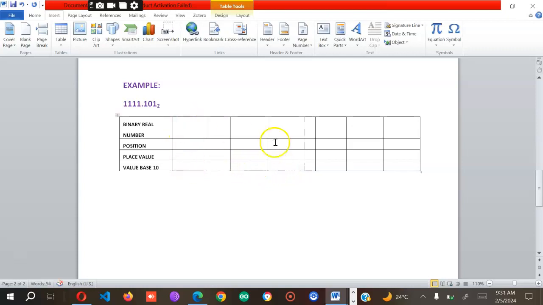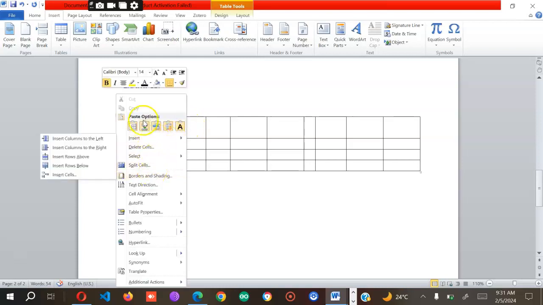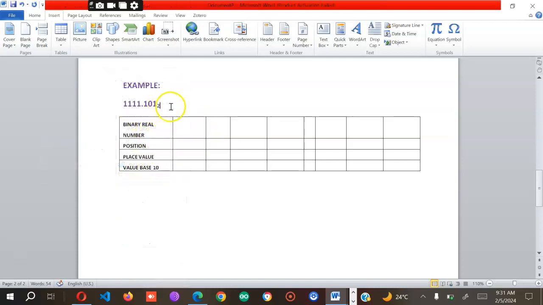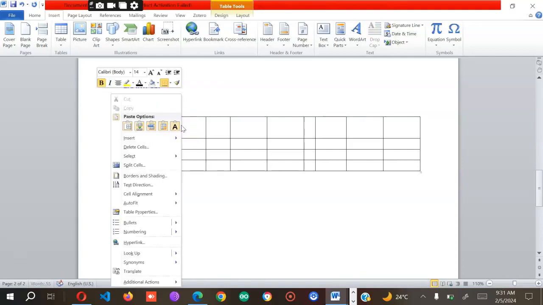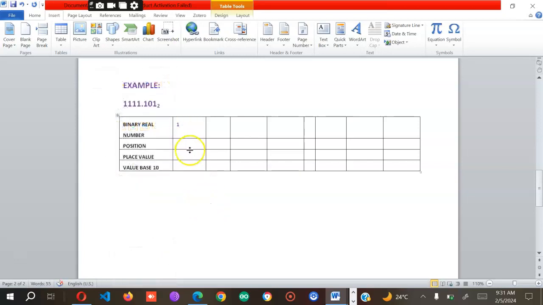Our number, as usual, you write down the number: 1, 1, 1, then we have the point, then 1, 0, and 1.